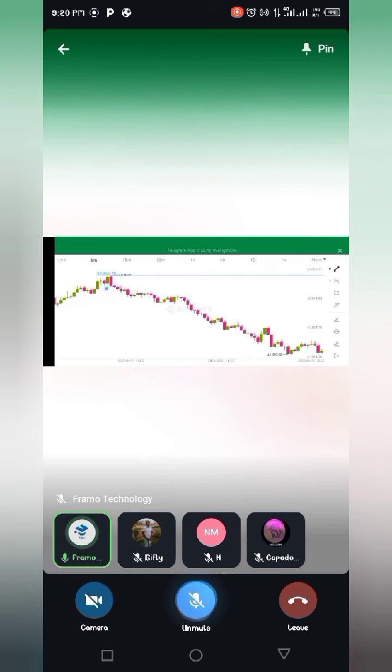So you could see from here. Yes, this small red candlestick.